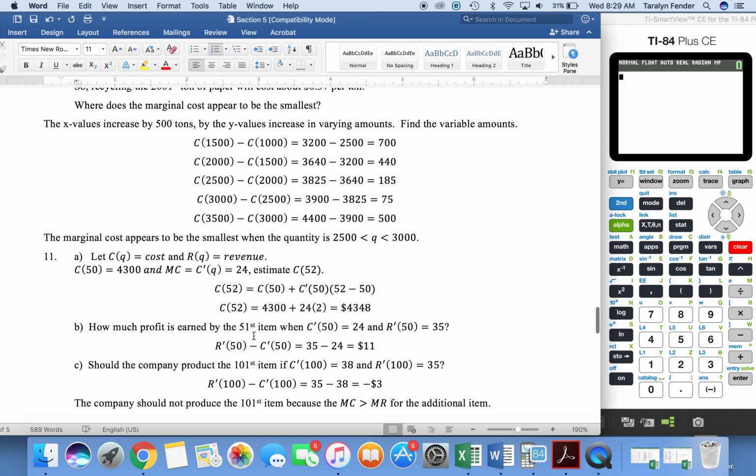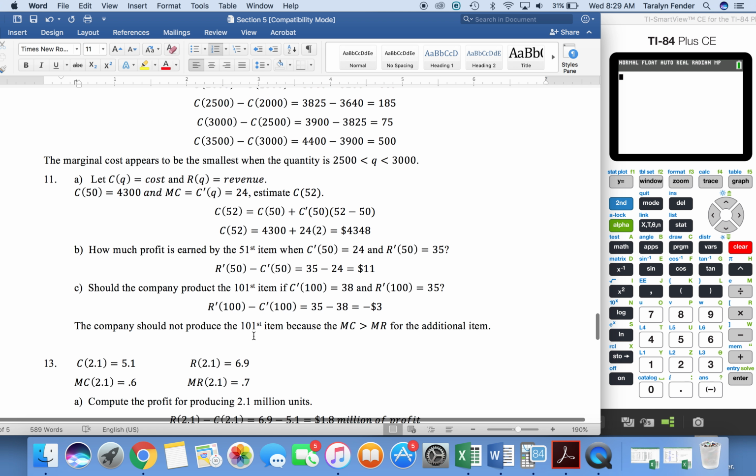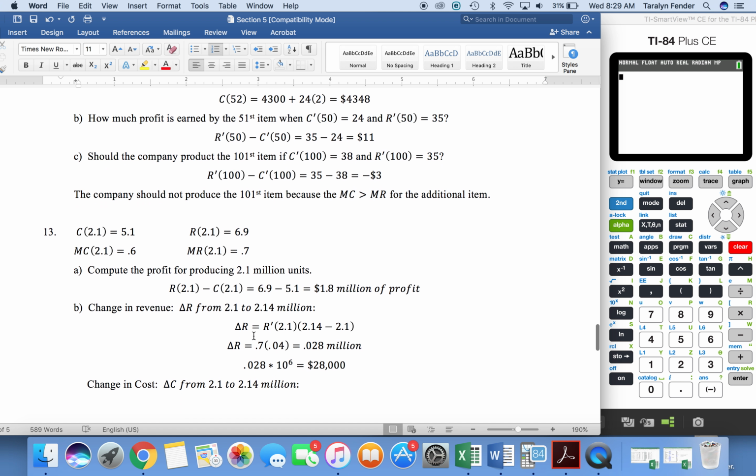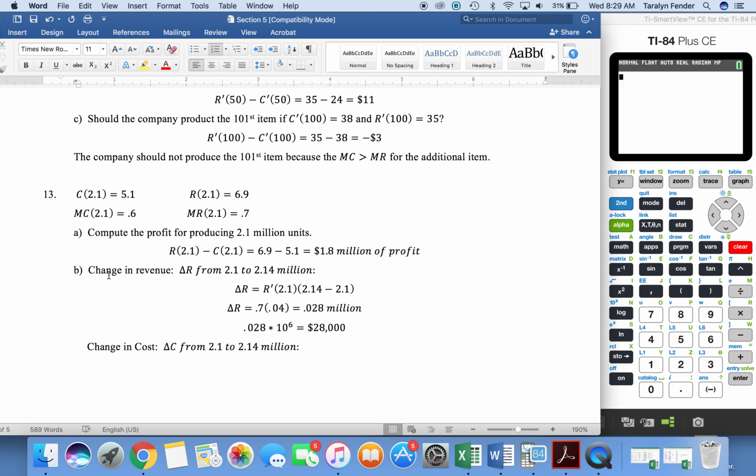And I've given you other examples that I think you can go through. I'm going to go through number 13. The profit, this is a company who is producing like millions of items. So compute the profit for producing 2.1 million. And the revenue minus the cost is 6.9 minus 5.1, which is equal to $1.8 million in profit.